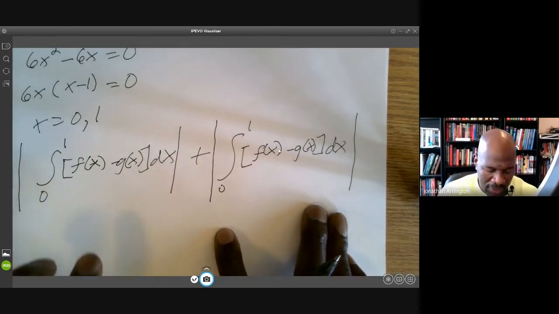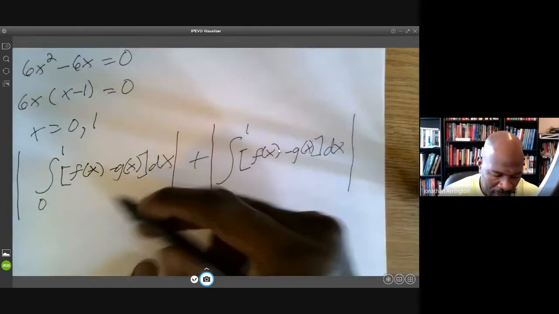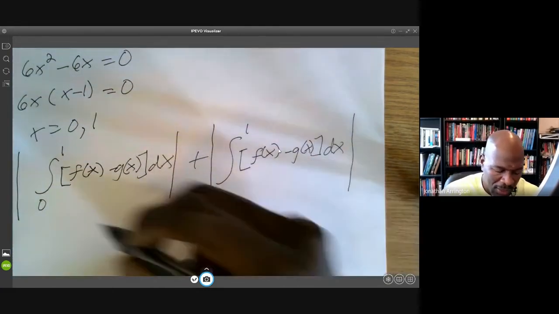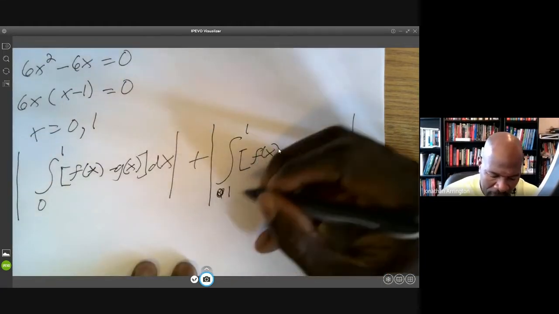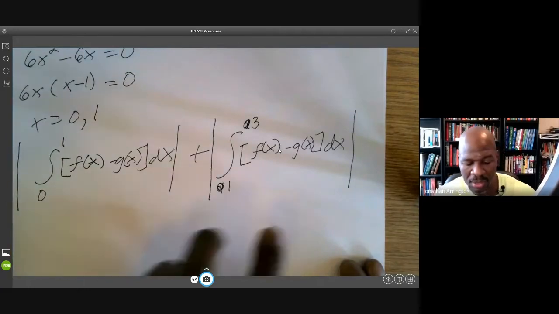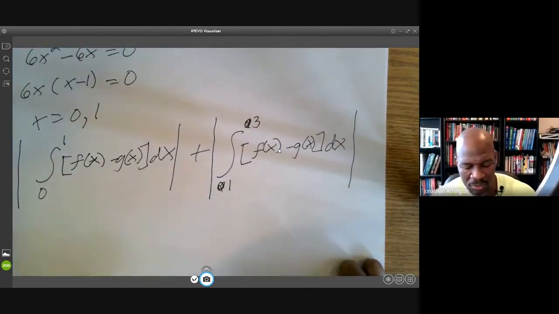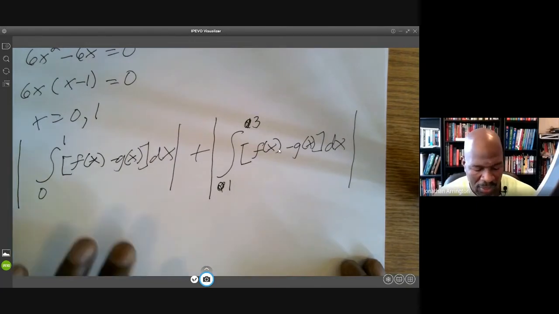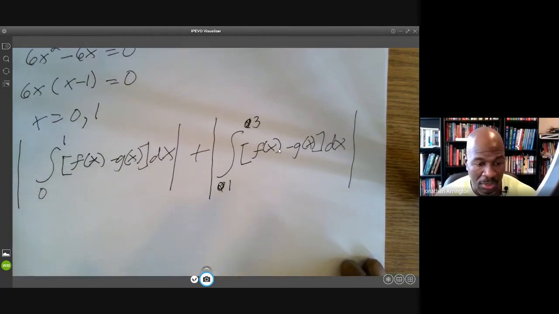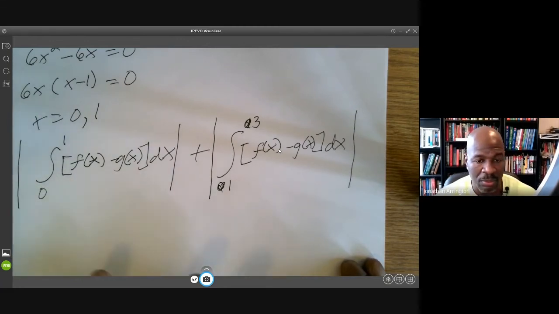So since I didn't change the order, when I do these and I wrote 0 to 1 here and 1 to 3 here, one of them is going to be negative and one of them is going to be positive. The one that comes out negative is just the one where the order was wrong, so I'm just going to take the absolute value of that. And the one that's positive is the one where the order was right.